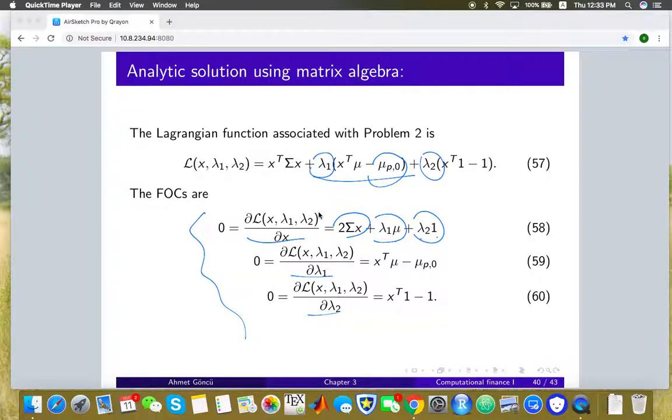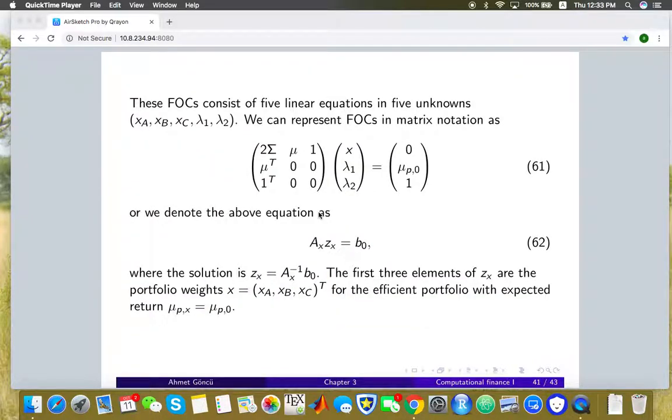From the second constraint, you can see the derivative with respect to x terms brings us lambda 2 times this vector of 1s. Once we write these, the next thing is to represent these first order conditions as a system of linear equations. Notice that this is the vector of unknowns that we are trying to solve this system for.